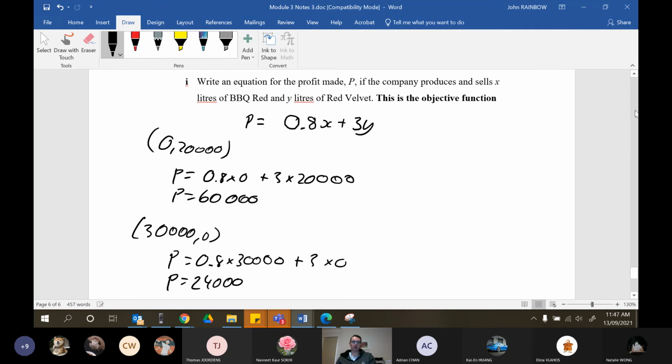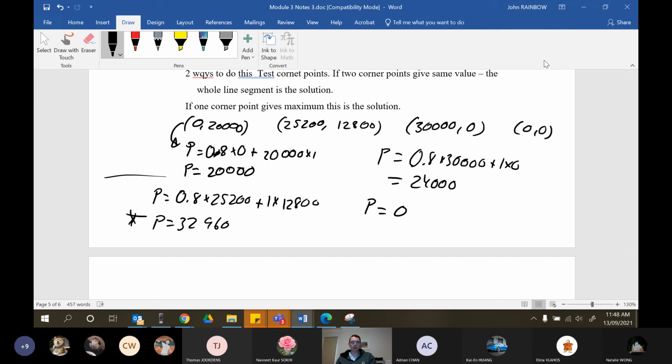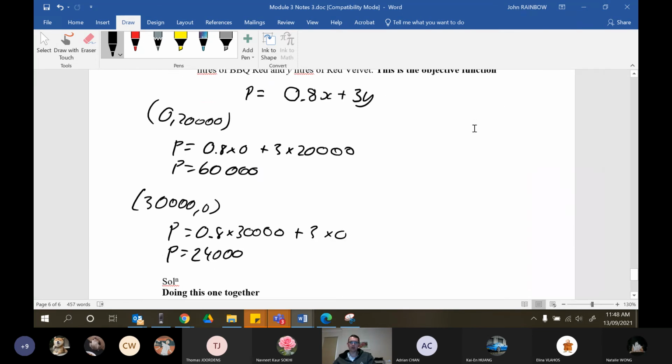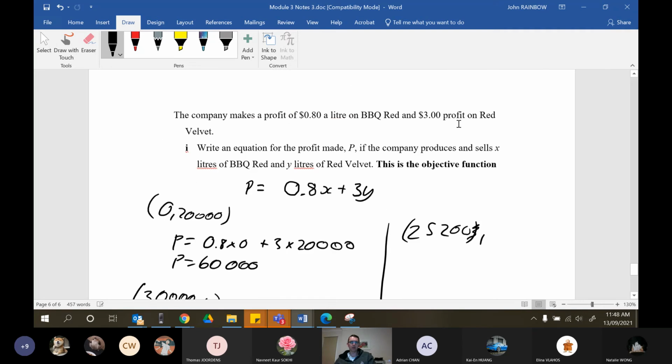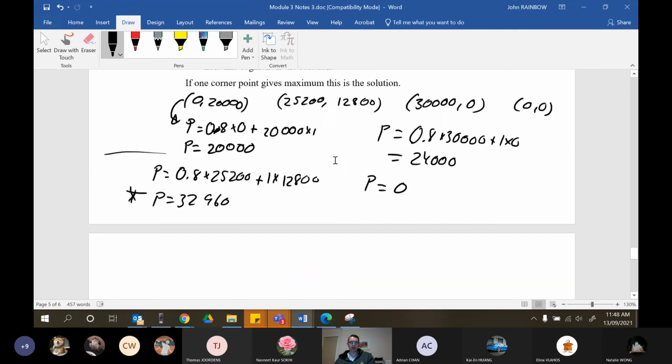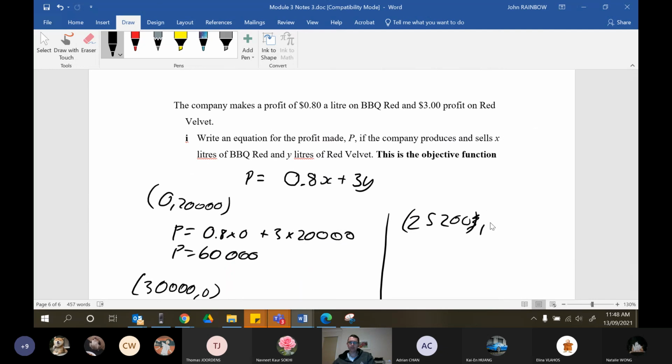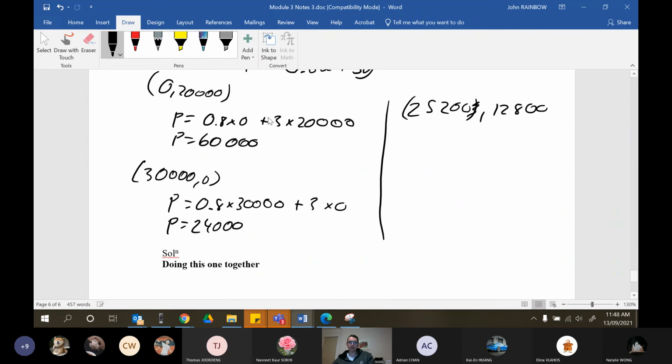And obviously you're going to go, oh, well, the corner point's going to give us the most, right? We've got 25,200 and 12,800. We don't need to do 0, 0 because we know there's nothing. Let's just put this in. Profit equals 0.8 times 25,200 plus 3 times 12,800.